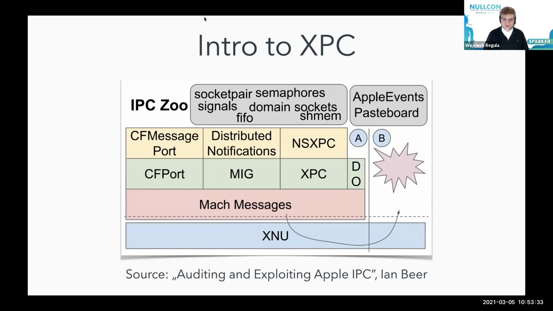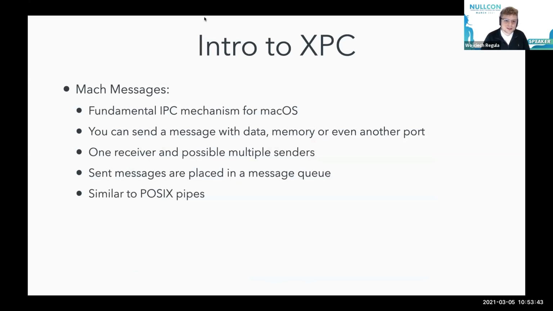So in order to understand how to exploit XPC, we at first need to understand how Mach messages work. Mach messages are really fundamental for macOS. You can think about them as a kind of POSIX pipes. Because they are similar, we can have only 1 receiver and possibly multiple senders.